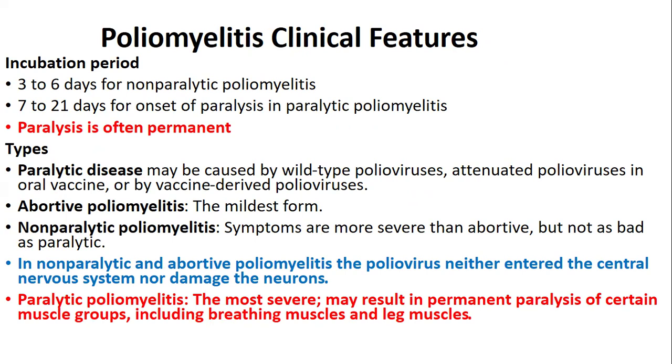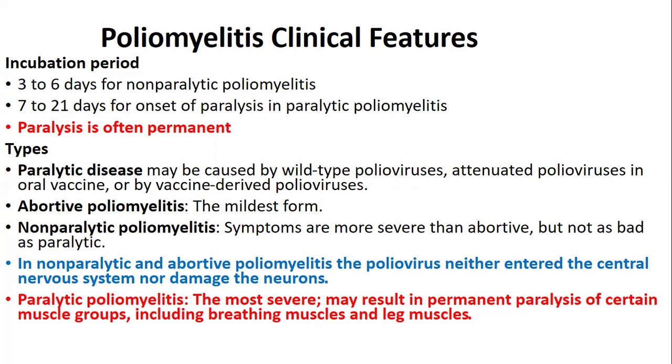Its incubation period is around 3 to 6 days for non-paralytic polio, and 7 to 21 days for onset of paralysis in paralytic poliomyelitis. Paralysis caused by polio is often permanent.